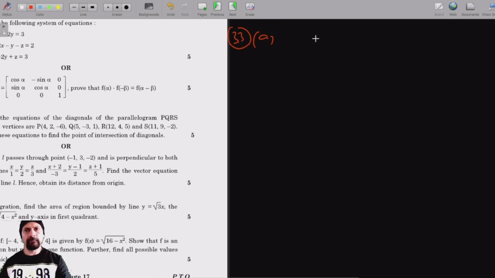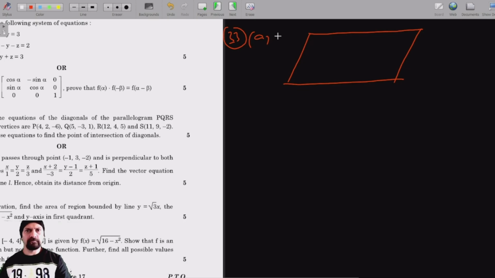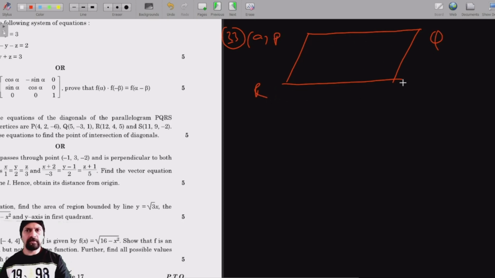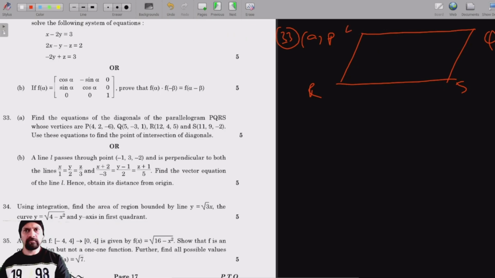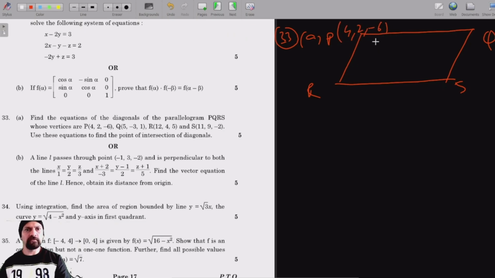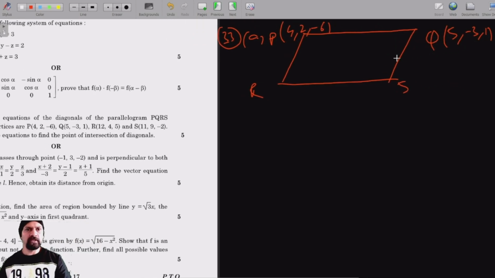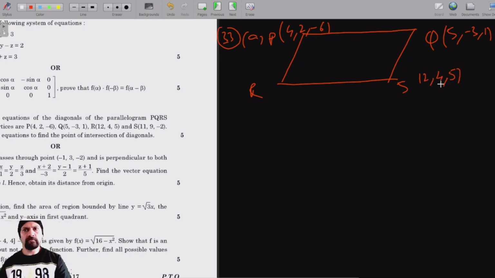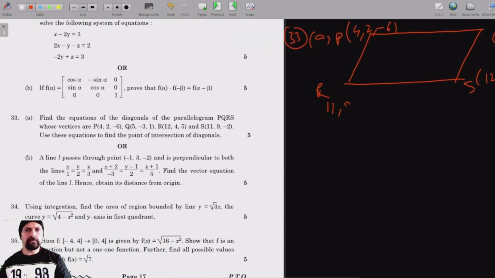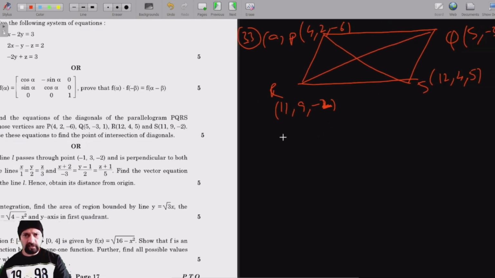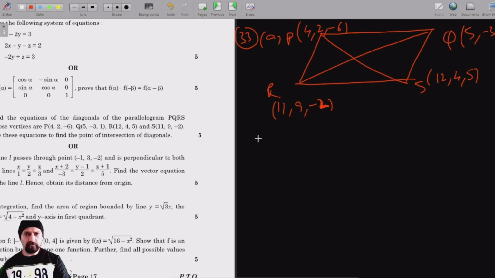So for question number 33, part A, let's say this is a parallelogram PQRS with given coordinates, and P is (4, 7, -6), Q is (5, -3, 1), R is (12, 4, 5), and S is (11, 9, 8, -2). Okay, so we have to find the equation of the diagonals, and the equation of the diagonals is passing through 2 points.